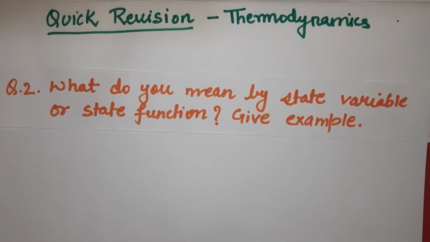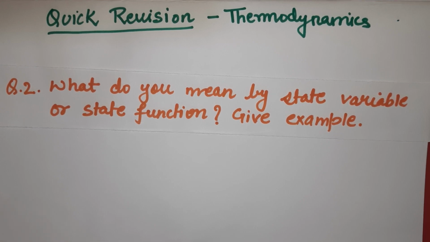What do you mean by state variable or state function? Give examples. Variables means which change with the state, variables which vary in their values. There are a lot of properties which are state variables. It means if the state changes, they also keep on changing.